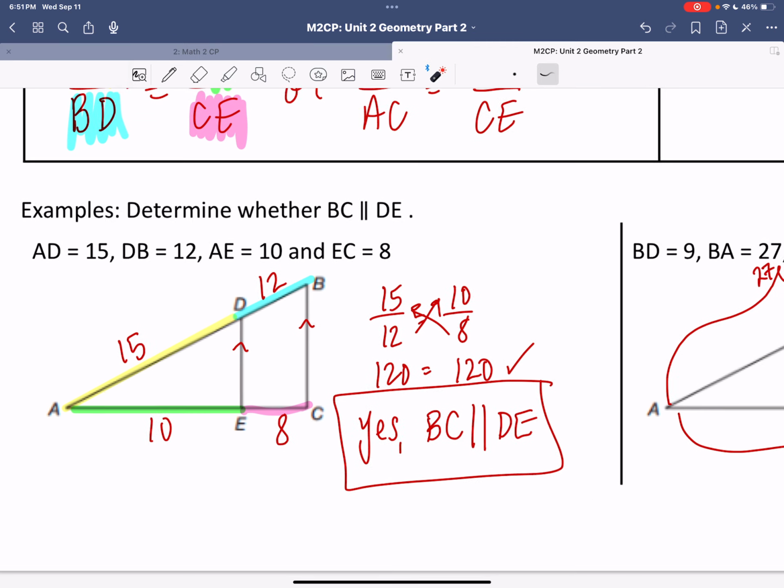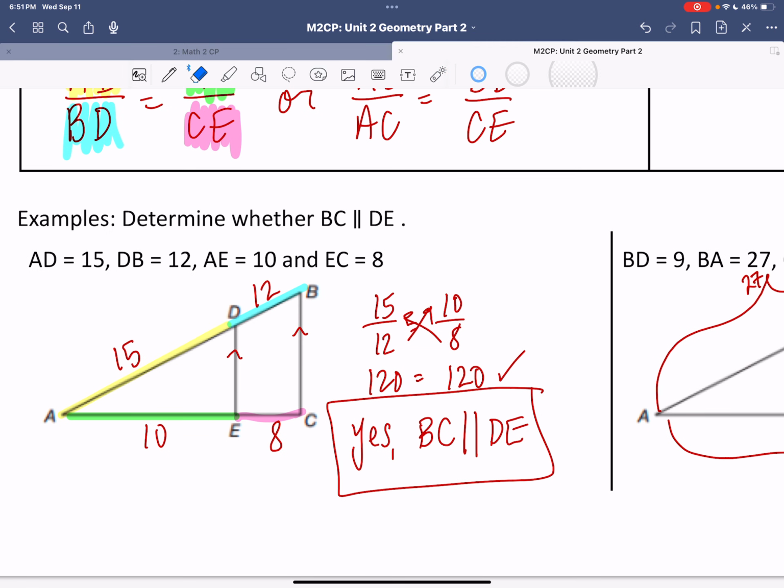So let's look here at this one. I set it up for you. We said AD is 15. That's given. DB is 12. We didn't have to do any subtracting to find any lengths, so this is pretty straightforward. Now we need to set up our proportion. We did this as side to side, so 15 over 12 equals 10 over 8.